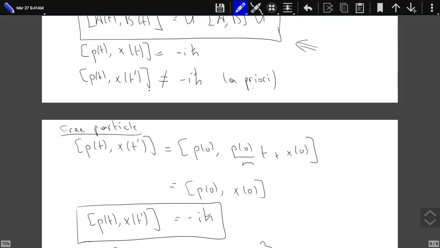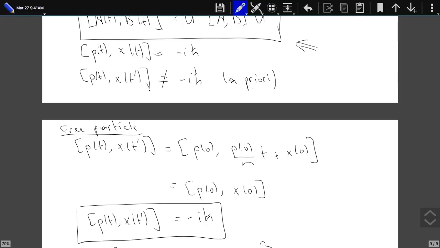A priori, I cannot say it without calculating. For example, I can say that the equal time commutation relation of p and x will always be minus i h bar, whatever our problem is. But the non-equal time commutation relations of p and x at different times don't have to be minus i h bar.